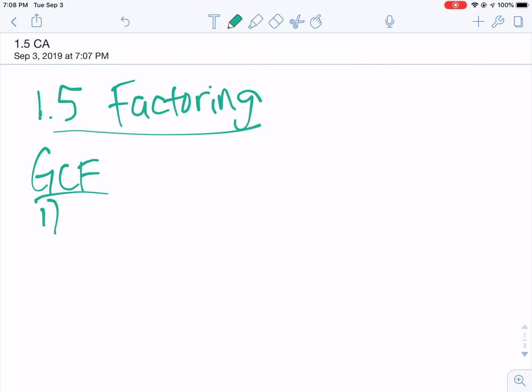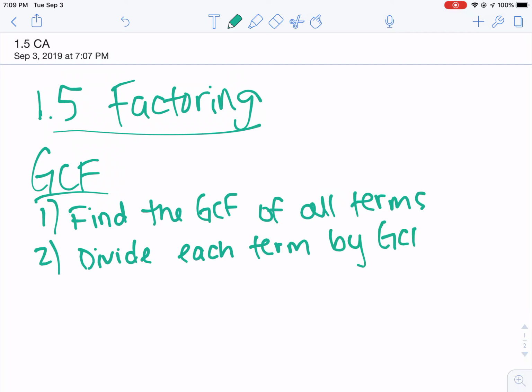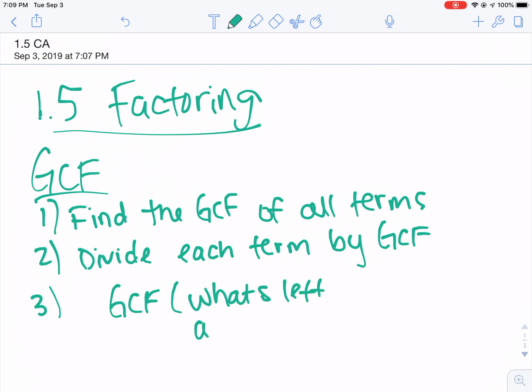So the steps for factoring using greatest common factor are: 1, find the GCF of everything, and that could include variables if needed, and then you're going to divide every term by the GCF, and then your answer becomes the GCF on the outside of the parentheses, and whatever you got left after division is left inside. Okay.